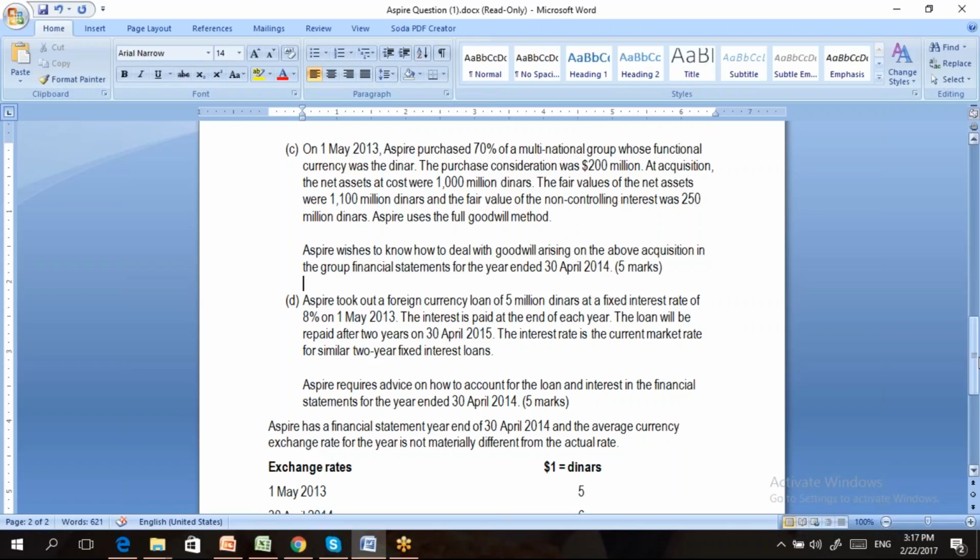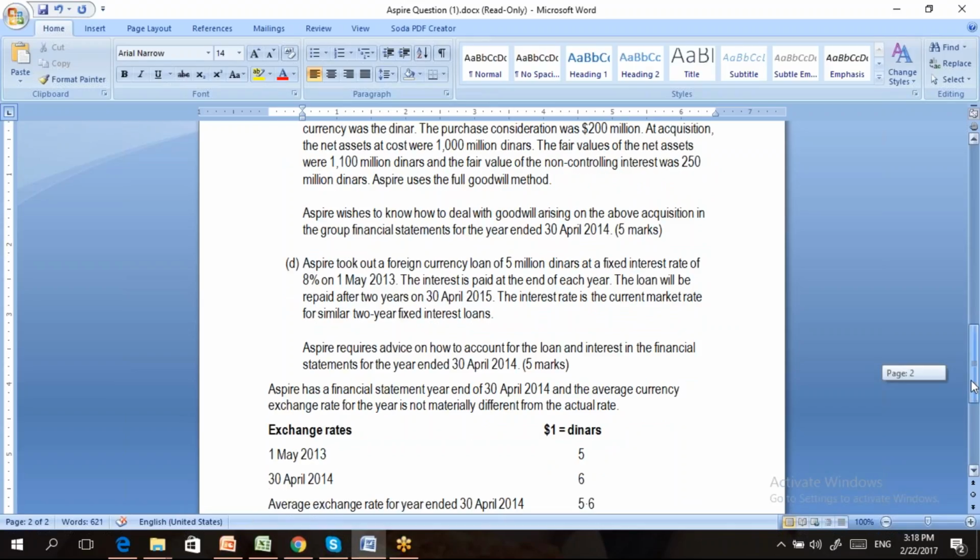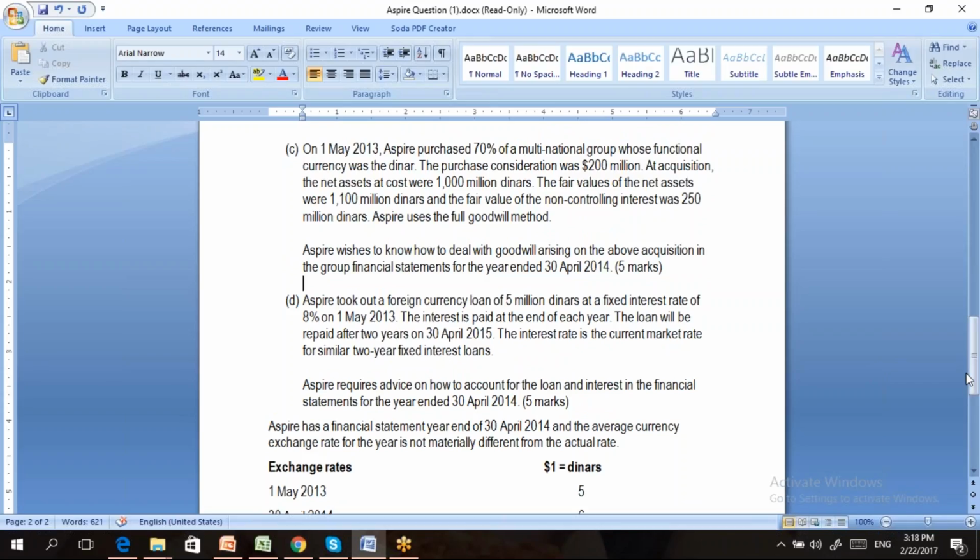You only have to convert the consideration of 200 million into dinars, and then see the goodwill. So the consideration will be 200 into 5. Not into 6, that's restating at year end. Before that, we have to calculate the goodwill on the day of acquisition. We acquired it on 1st May 2013, so we must calculate the goodwill on the day of acquisition.